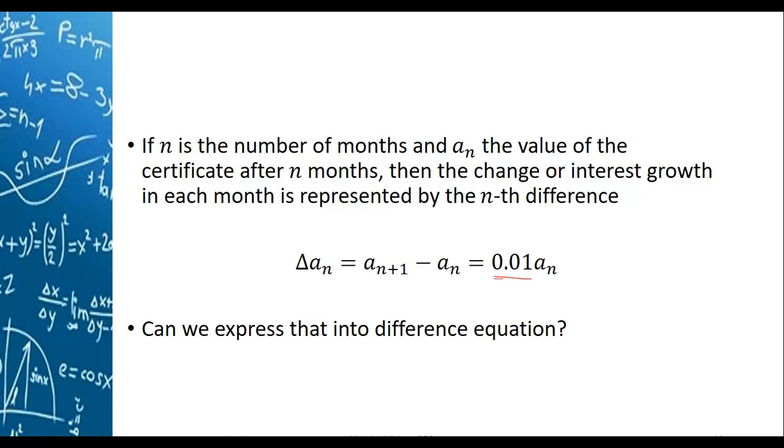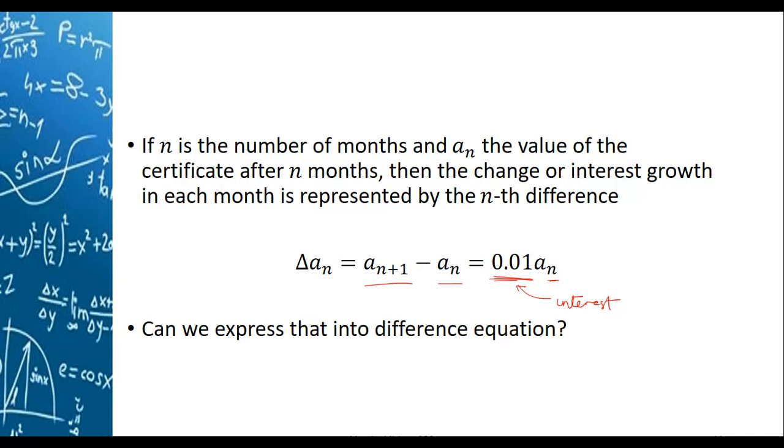You can see this is my future, this is my present, and this is my difference, which, if you notice, is just your interest. But your interest must be multiplied with your present state.